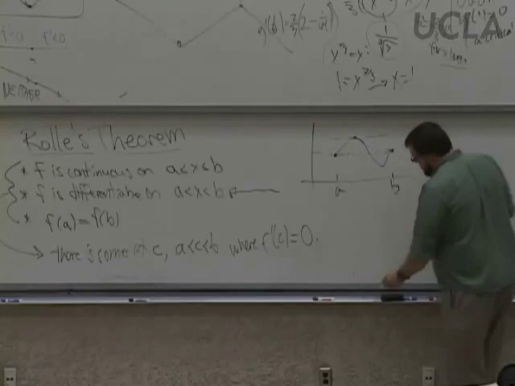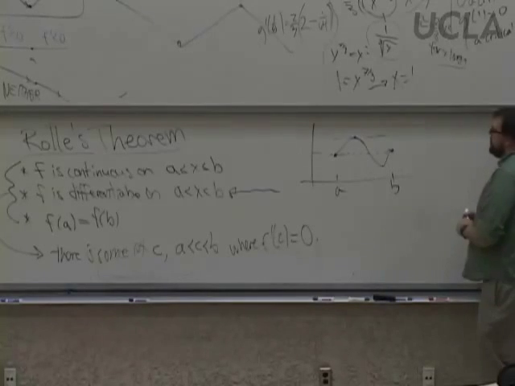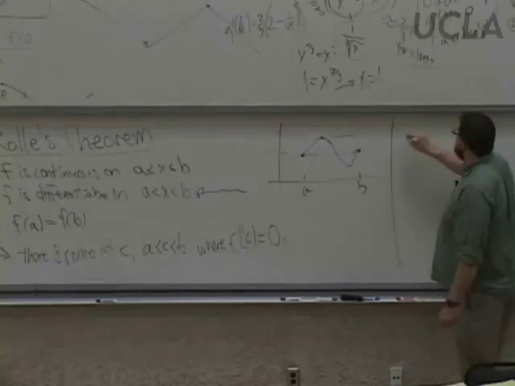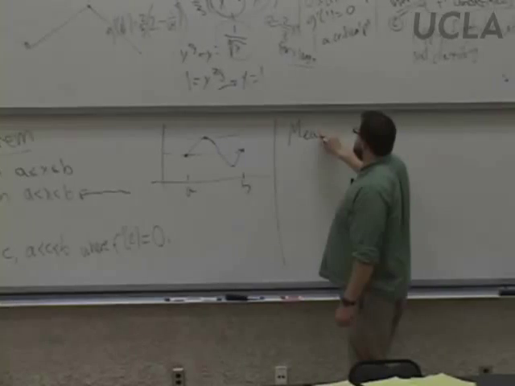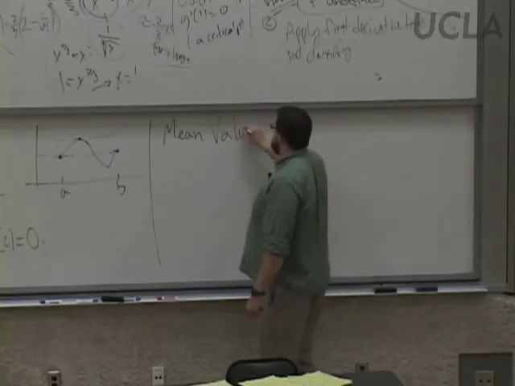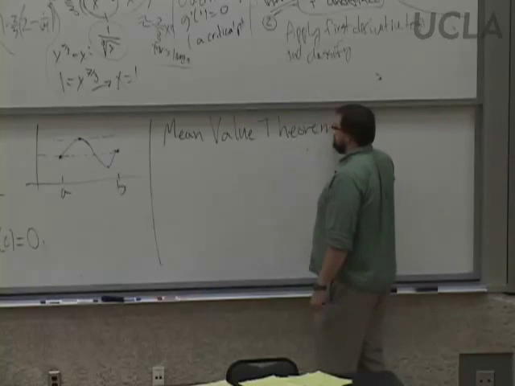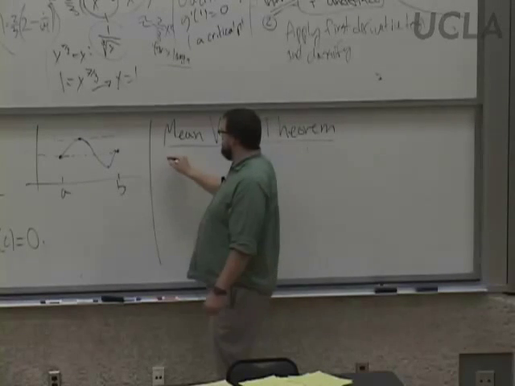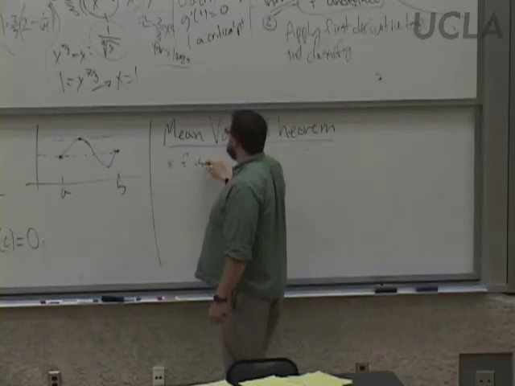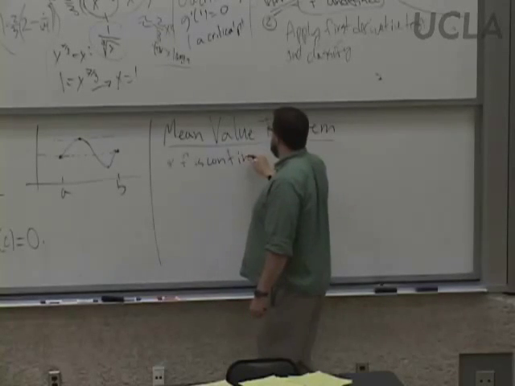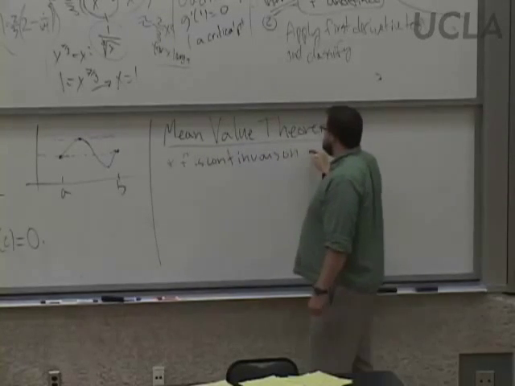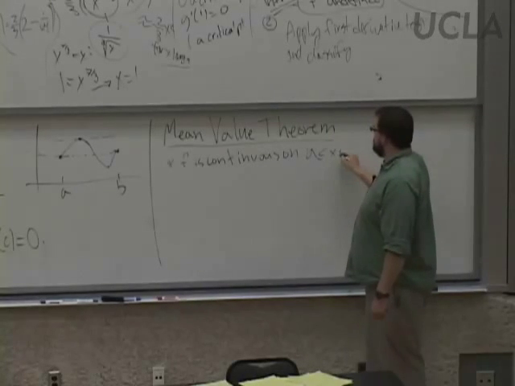Now, there's one other theorem which is like this. Let me mention that theorem as well. And we'll do a little bit more with it next time. Just practice it. And it's called the mean value theorem. In this theorem, very similar assumptions. F is continuous on the interval a less than or equal to x less than or equal to b.